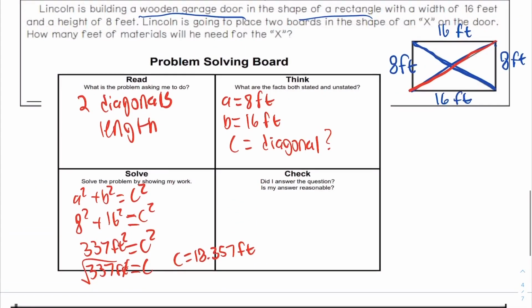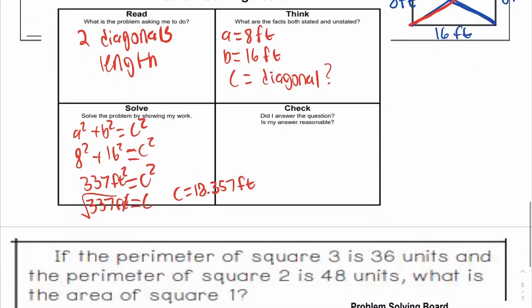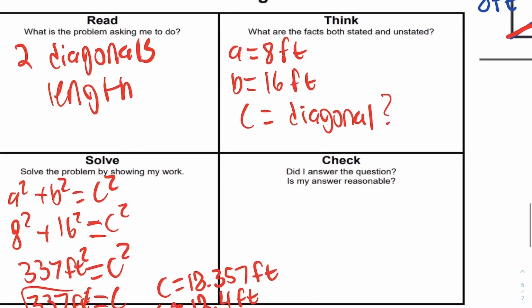It doesn't tell us where to round, but since we're doing this for real life, just cutting wood, I think 18.4 feet would be the best estimate. But then remember, the question wanted 2 diagonals, not just 1 diagonal.